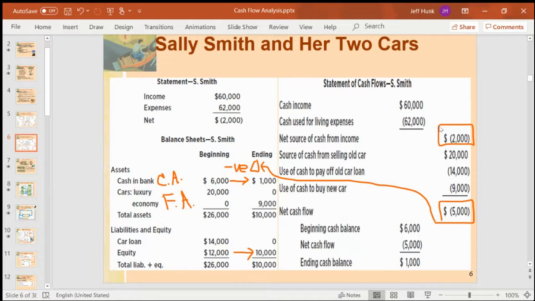Because part of her equity, her net income, is part of her equity.